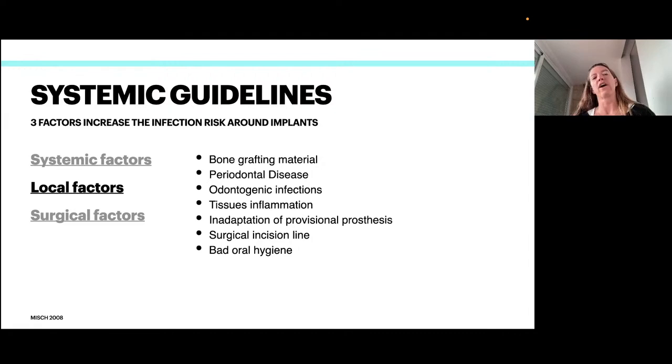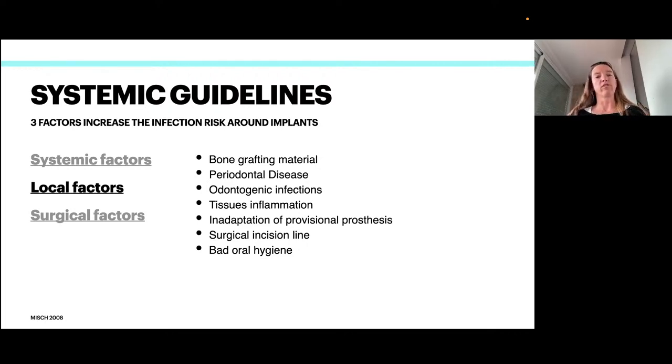These are all local factors that can increase the risk of infection around your implants. So if possible, try to avoid bone grafting material. We use it only for some cases, and when you use bone grafting material, be aware that it is completely stable, that it's not moving. This is very important.